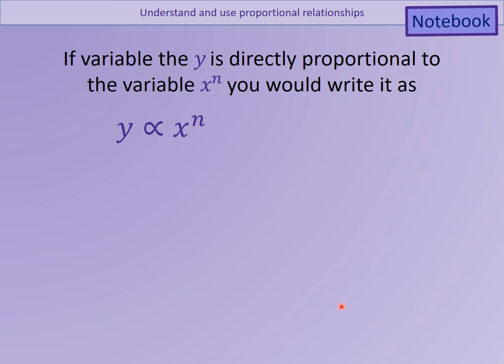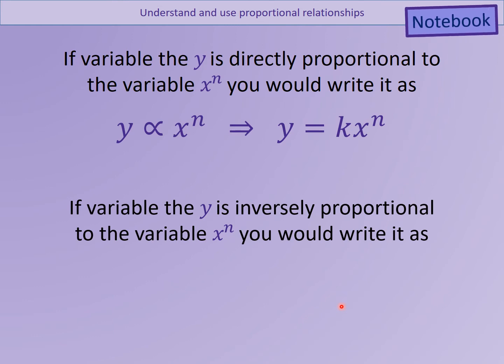This time it's proportional to, let's say, x squared. So if y is proportional to x squared, it means that y could be 2 lots of x squared or 3 lots of x squared. You can figure out how it's proportional, then you can figure out that constant multiplier. And because it's still a constant multiplier, I can change that proportionality symbol to an equals k.